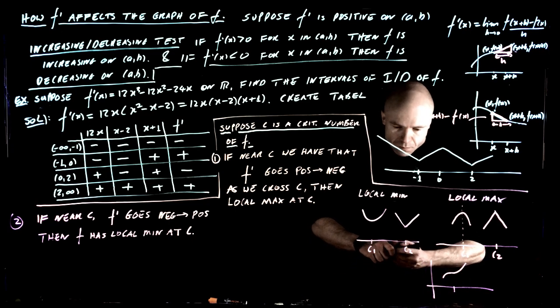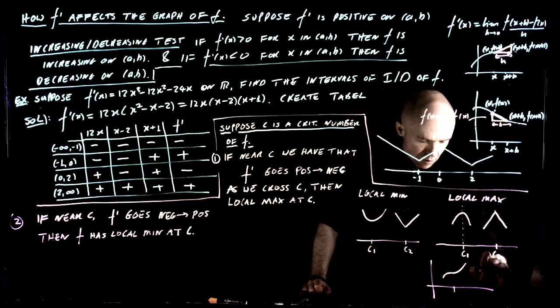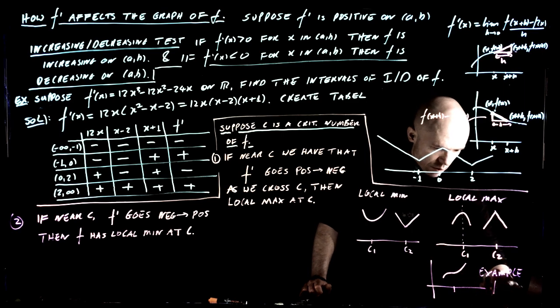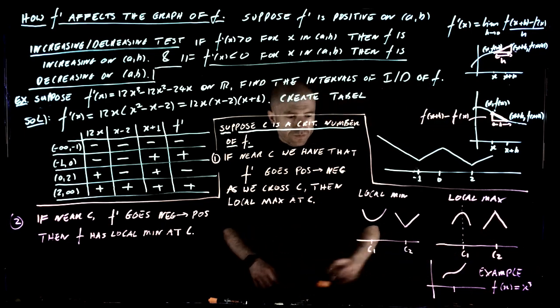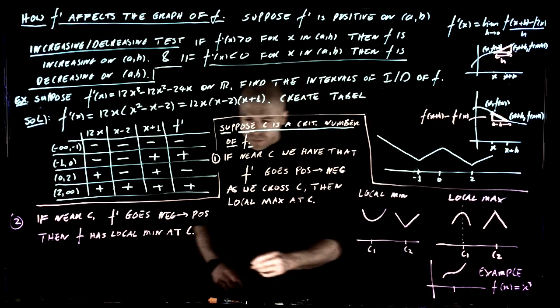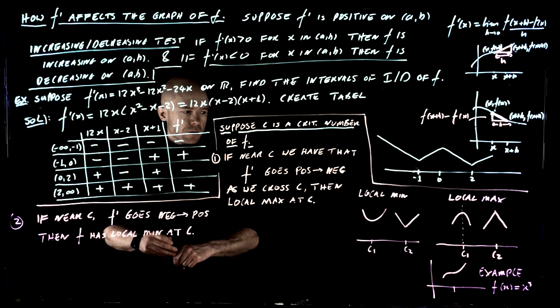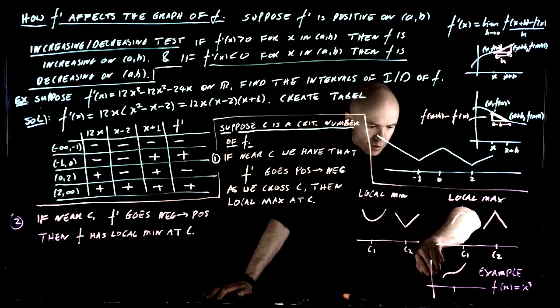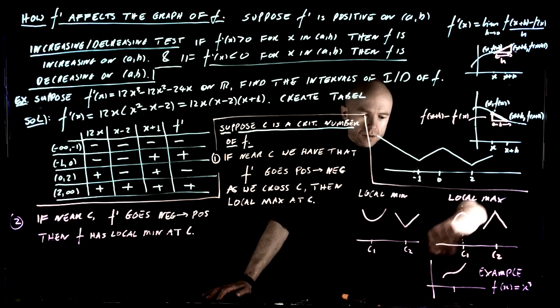So example: f of x equals x to the 3. Cool. So what happens when we have something like this? Well, it's going positive, 0, and then positive again. Yeah?